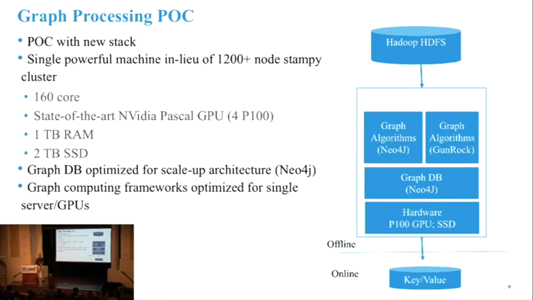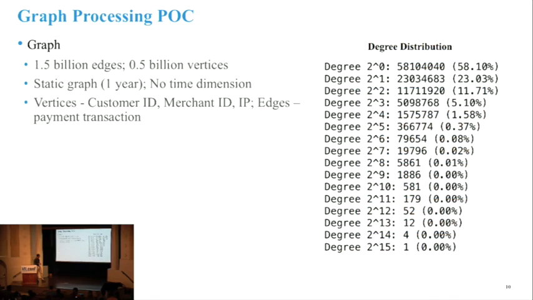We buy low-quality servers and distribute processing across all of them, but instead you could have one powerful machine. You don't have the overhead of distributed computing, but you distribute within that single machine. So that's the premise we wanted to validate. So let's see.